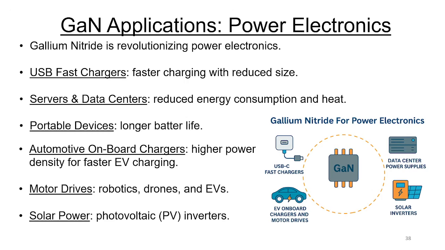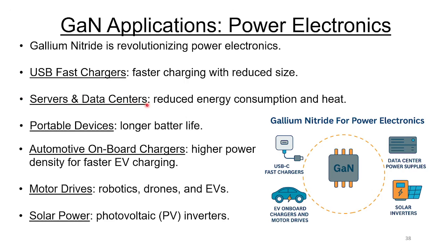The next application I wanted to talk about is power electronics, and we've already hit on this a little bit. Gallium nitride is revolutionizing power electronics. USB fast chargers, and we've already mentioned those, and you can see the reduction in size from the previous slide. Servers and data centers, reducing the energy consumption and heat.